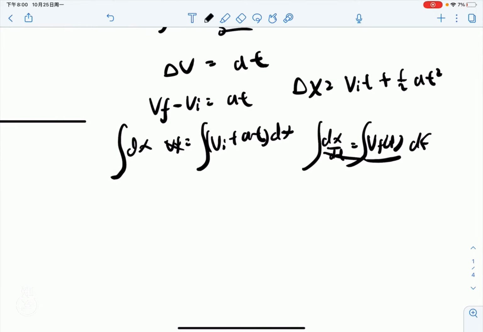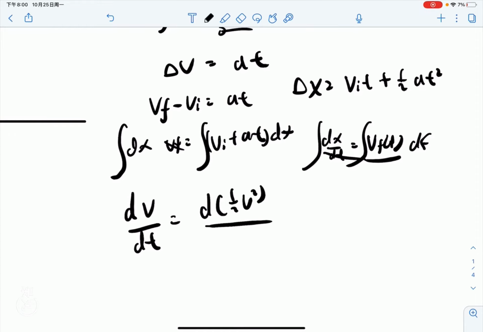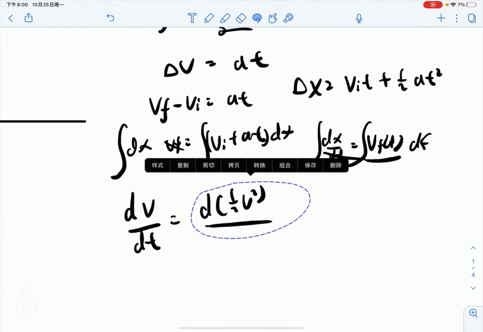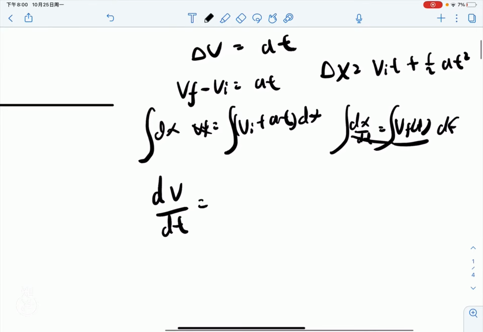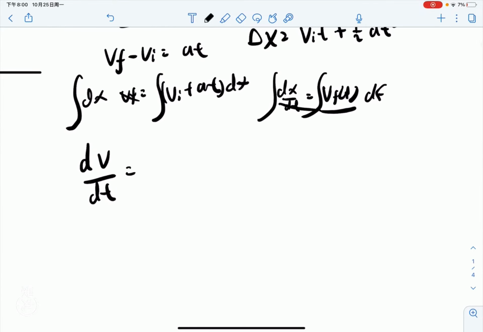And now, we know that dv dt is also equal to... okay, I'll prove it first. I proved it in the last video, and I don't know if you guys watched it. Using the chain rule, we can get dv dx times dx dt.